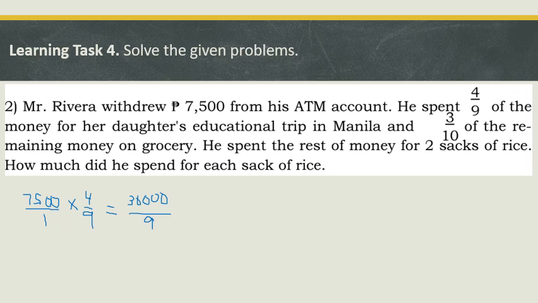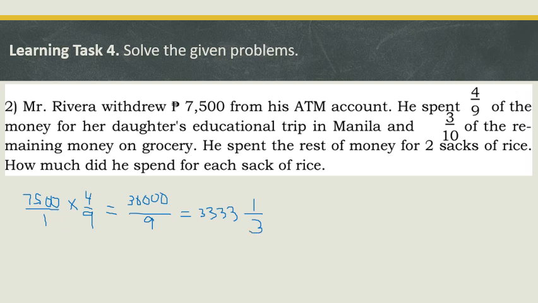Okay, so gawin natin siyang mixed number. So, magiging 3,333 and 1/3. So, ito po yung ginastos niya para sa kanyang anak.